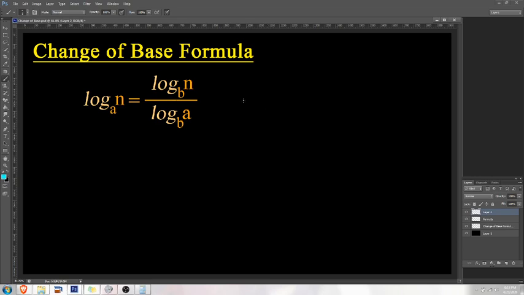Okay, so the first thing to realize is that logarithms and exponents are essentially the same thing written in two different ways. So I want to look at two different ways of representing the exact same thing. We will just go ahead and start with log base a of n equal to x, alright?